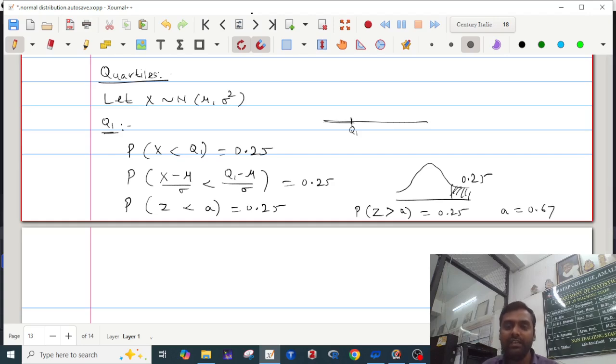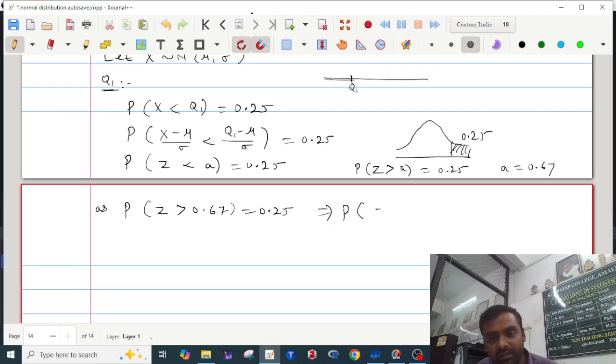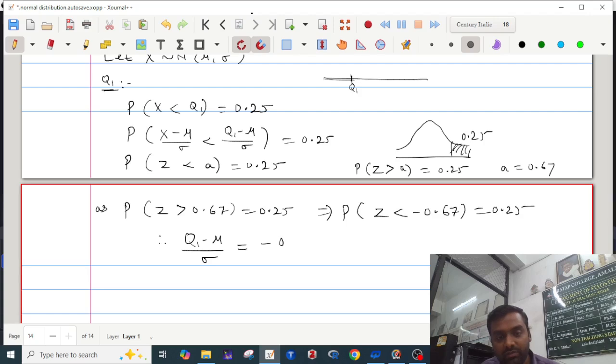So probability of z greater than 0.67 is equal to 0.25, which implies probability of z less than minus 0.67 is 0.25 due to symmetry, and that's why q1 minus mu upon sigma is equal to minus 0.67.